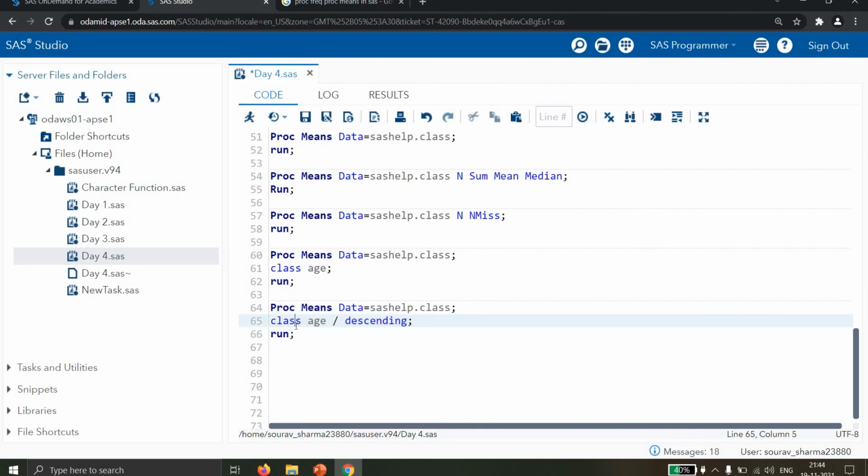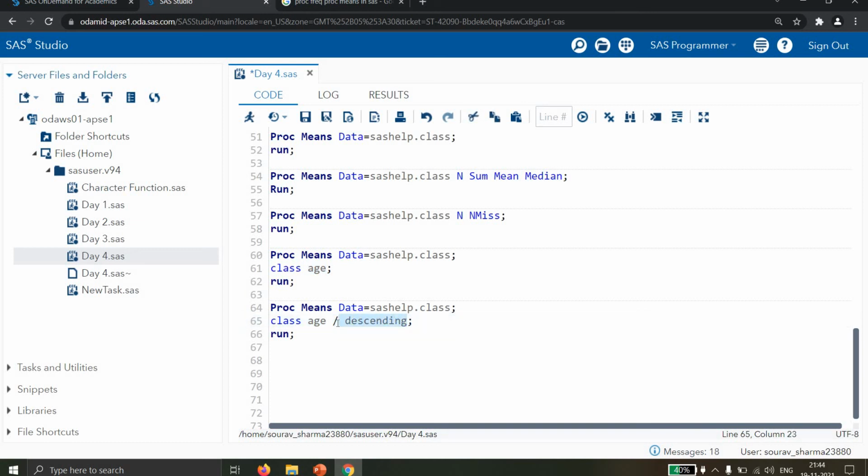So if you have to do anything on that particular table, or particular columns, or particular variables, let's suppose I write class age, then you need to write the slash. If you're writing the slash, then you can do anything on that particular one.